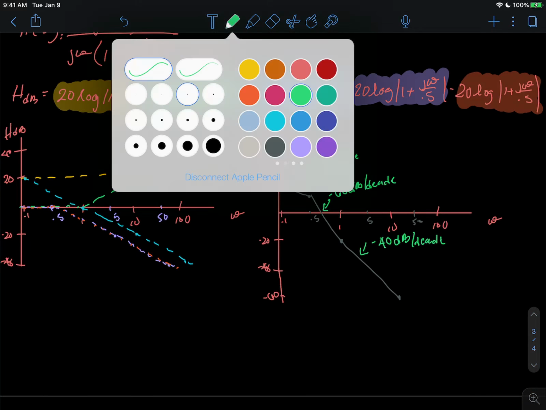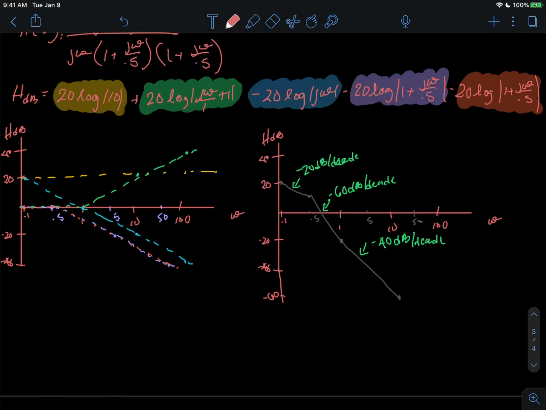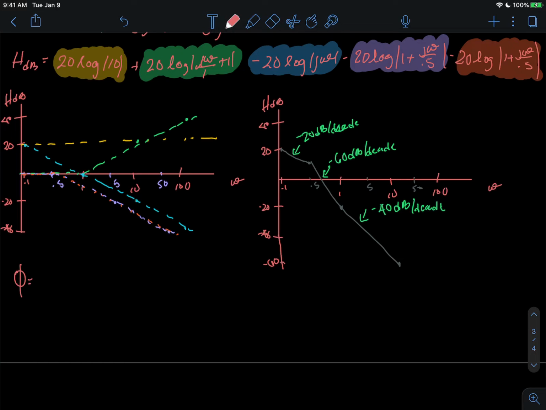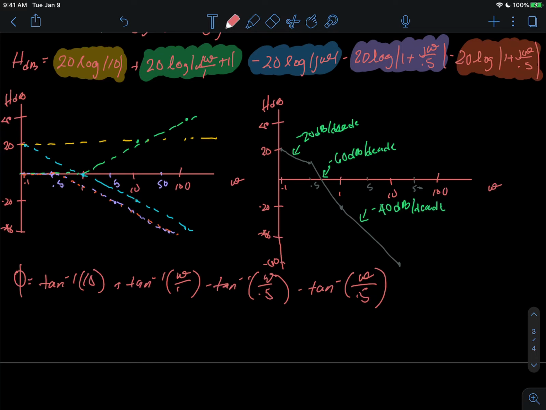So now we have to do the phase. So it's going to be inverse tangent of 10 plus inverse tangent of omega divided by 1 minus inverse tangent of omega divided by 0.5 minus inverse tangent of omega divided by 0.5 again, because you have that repeated pole.